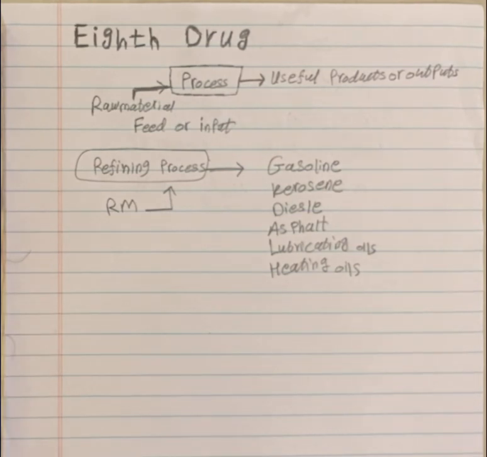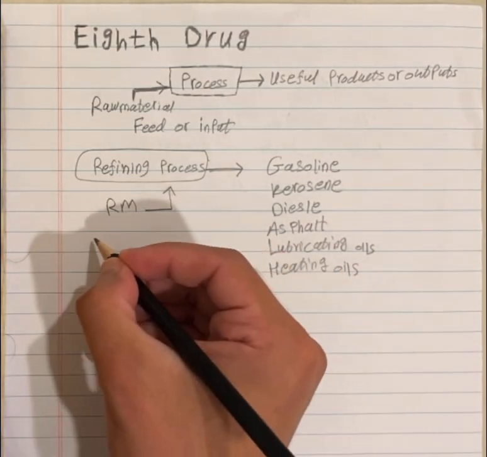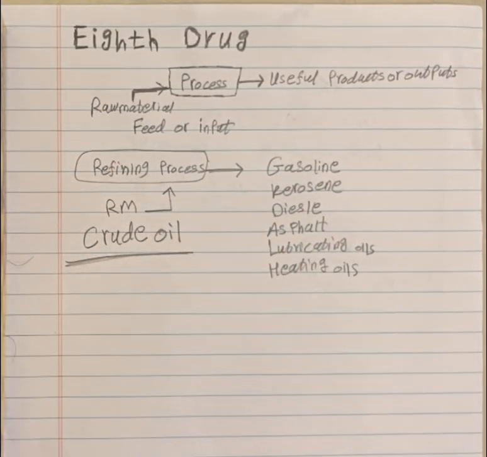So yeah, when I say it's the heart and the lungs of a country, then there is no exaggeration, because these are really important products that come from the raw material, which is here in this case crude oil, which our country has a lot of it.